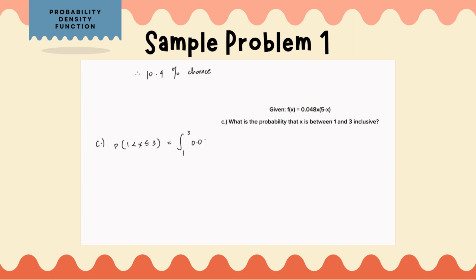So the integral from 1 to 3 of 0.048x times (5 minus x) dx, using your calculators, is equal to 0.544. Therefore, there is a 54.4% chance that x is between 1 and 3.